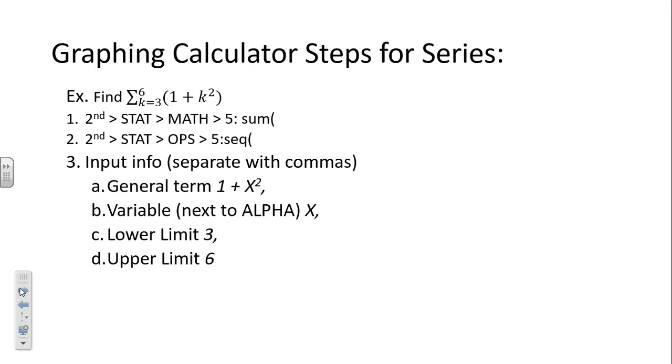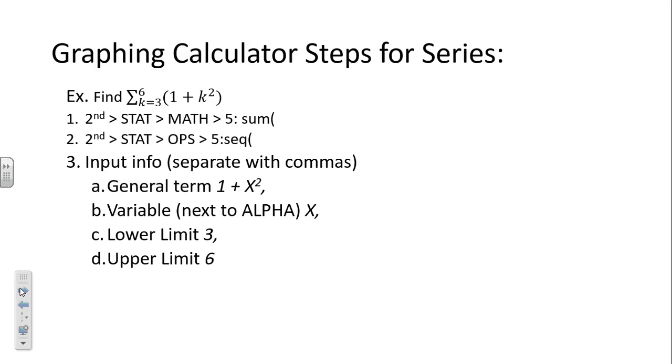If you have an older style calculator that doesn't give you the whole menu, you want to put a comma next. The commas are above the 7. Okay, the variable is x, so you will put the 1 plus x squared comma x, or arrow down and press x if you have a newer style calculator.